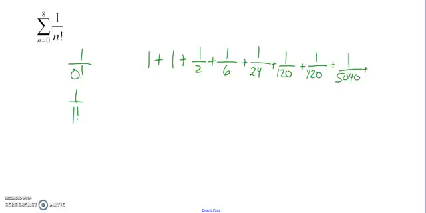And then 8 factorial is going to be 1 over 40,320. Essentially, the easiest thing to do at this point, while you could get common denominators if you really so desire, is that a calculator will give you a pretty good estimate.